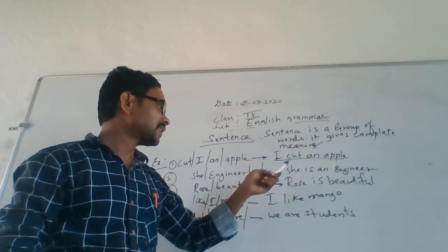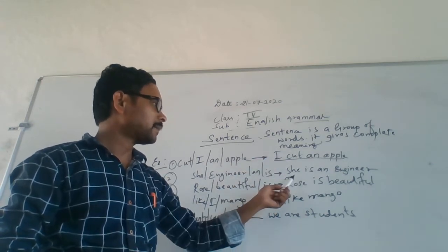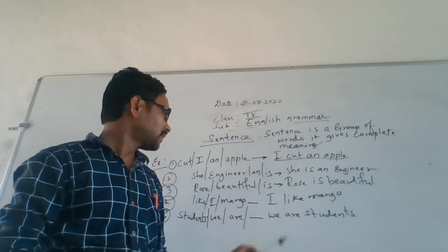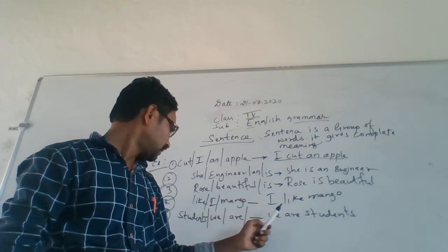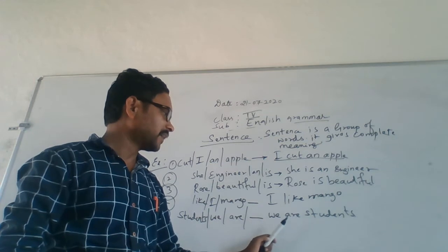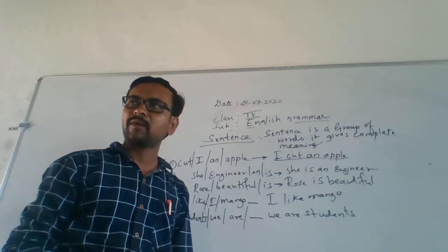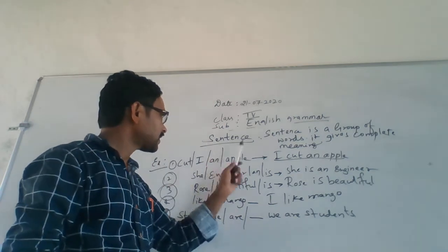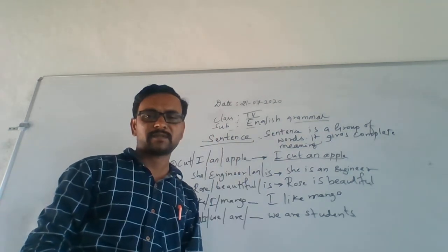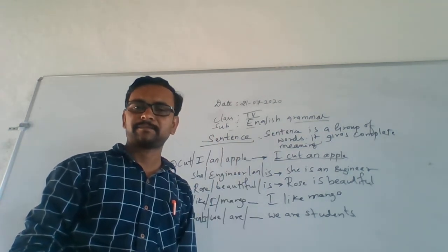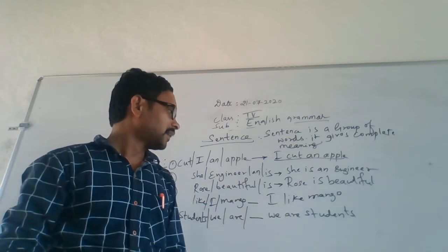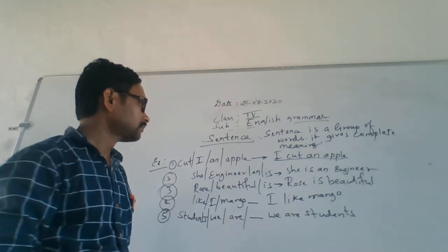How many words are there? Just to calculate. In the second example, how many words are there? Third example, fourth example, fifth example. This like sentence means what? A group of letter or word. Sentence is a group of words. Does it understand? Now you write down the example.